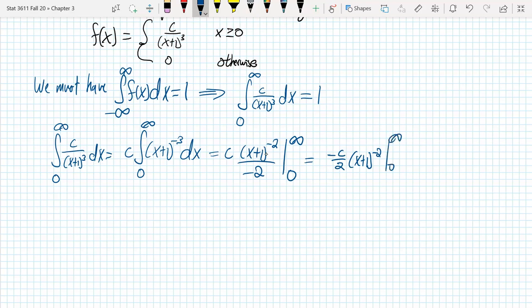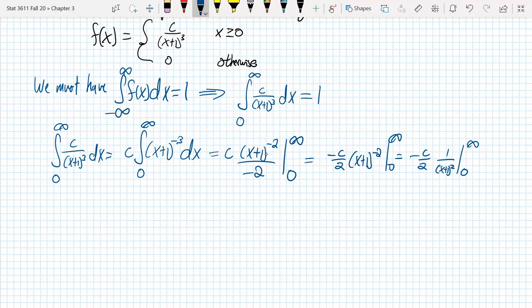I don't like punching things into the negative 2. I'd rather go back and rewrite this as 1 over x plus 1, the quantity squared, evaluated from 0 to infinity. So I'm going to move that back to the denominator by negating the exponent again. There we go. That looks good.